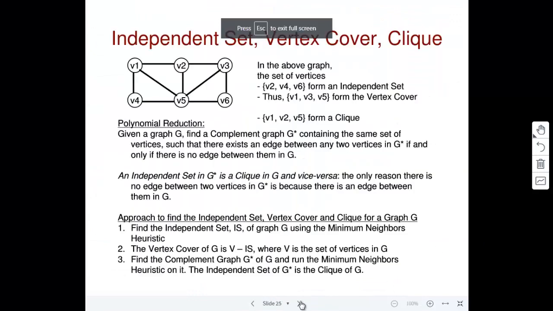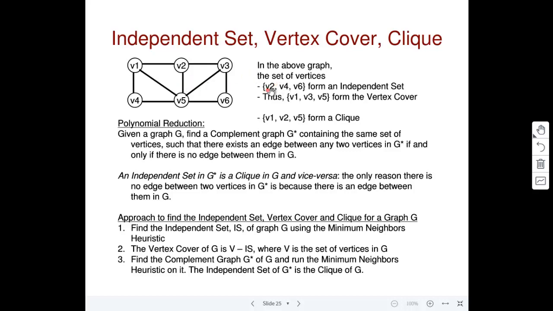Okay, so what is an independent set? In a given graph, an independent set is a set of vertices. For example, for this graph, I can say V2, V4, V6 is an independent set such that there is no edge between vertices in the same set.